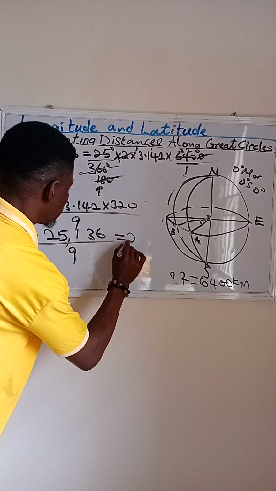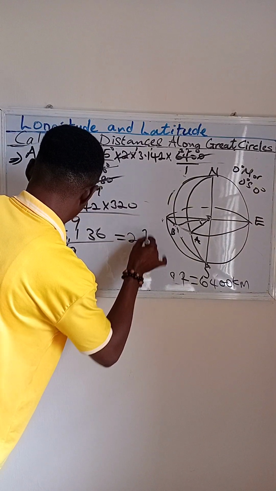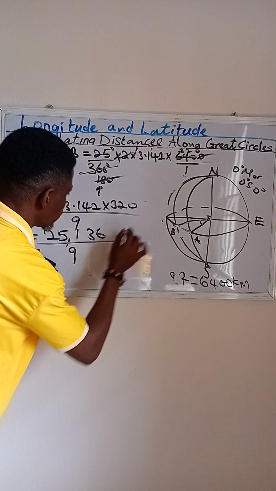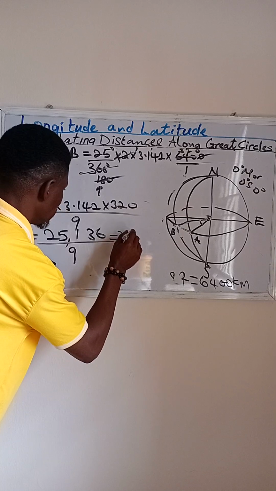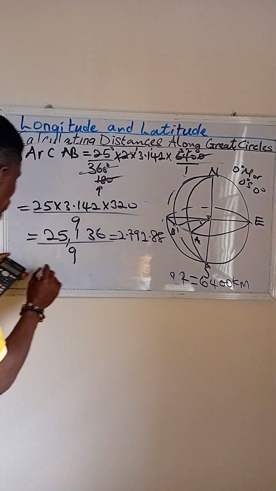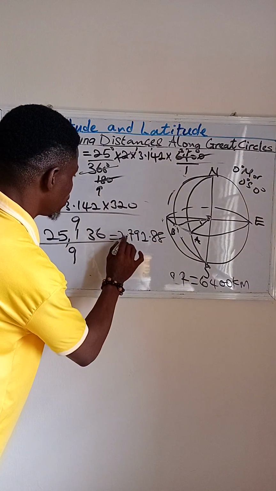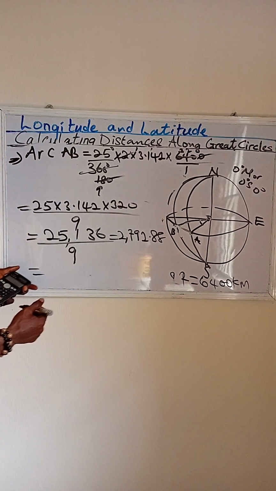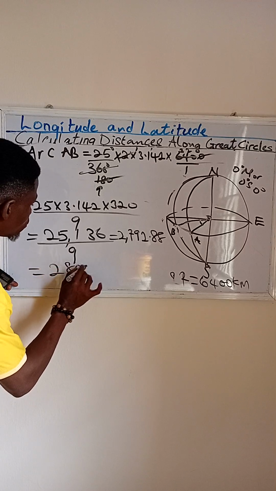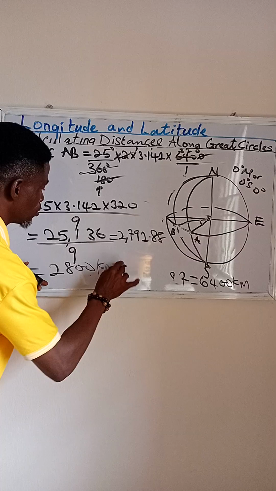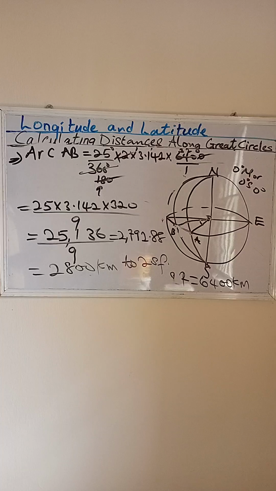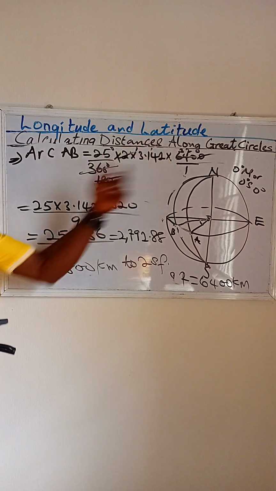Therefore, we have 2,792.88. If we are to leave this to two significant figures, we are going to have 2,800 kilometers. So this is how to calculate the distance along the great circle.